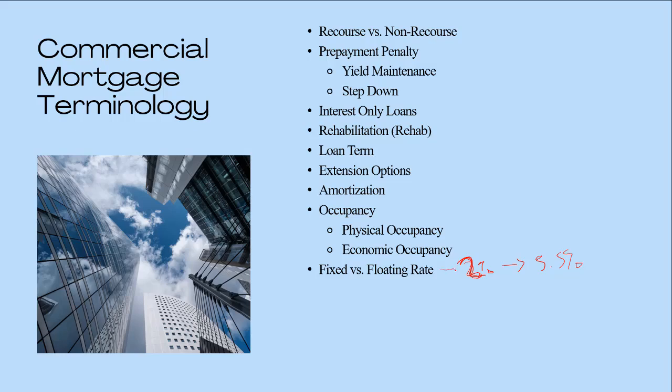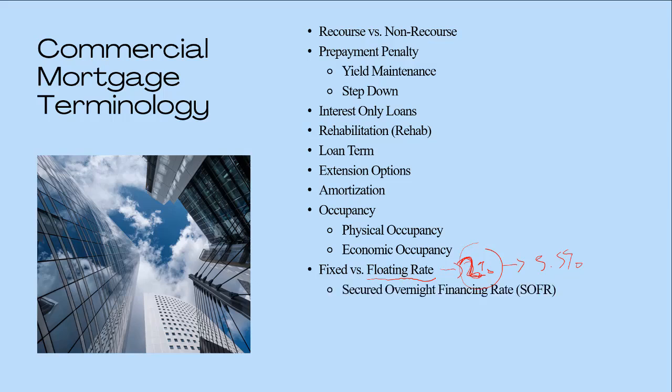Now, if you get a floating rate loan, you start off paying this 2%, but then if the rates go to 4%, you're going to be unhappy because you could have locked your rate in at 3.5. But of course, if it drops to 1.5, then you're happy. And if it stays at 2, you're happy also. So you're taking a little more risk with the floating rate, but there could be a benefit if you get lucky with interest rates moving in your favor.